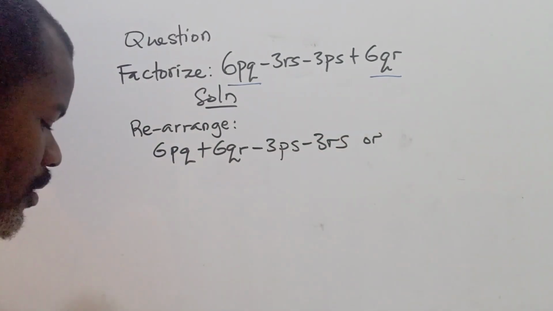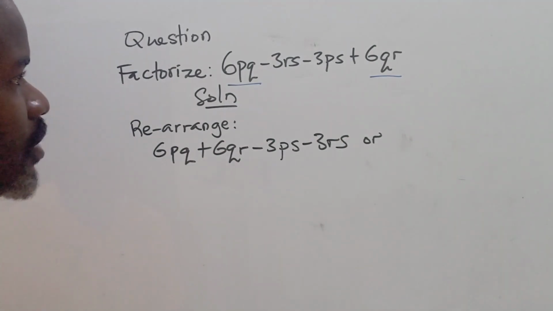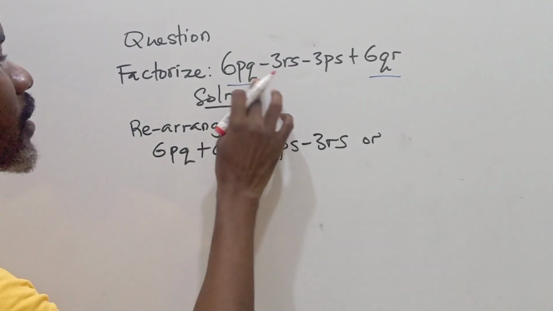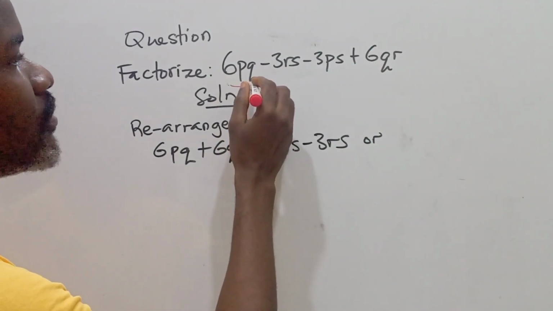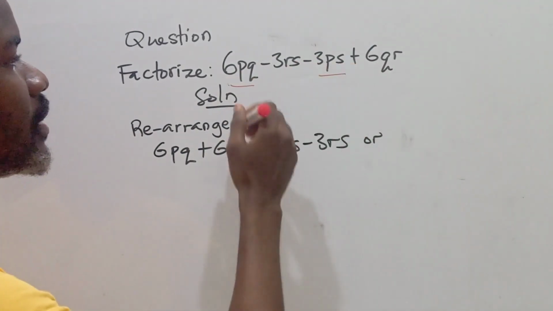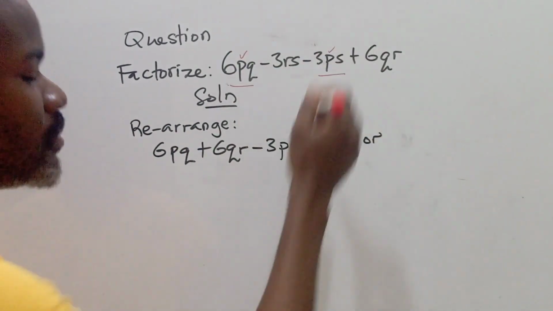Or some other way we can consider is to pick this and this one, since I can see that P is common.